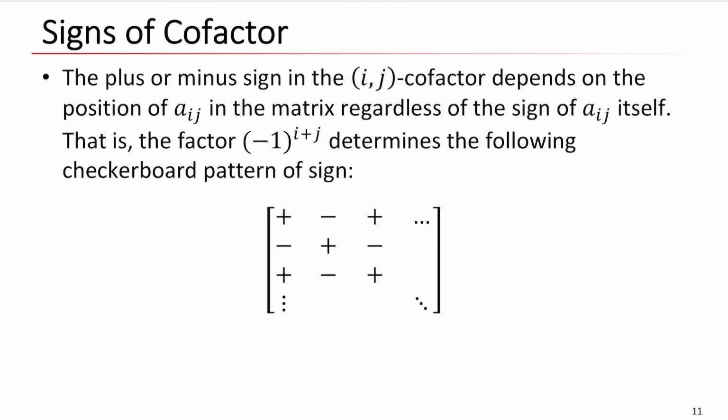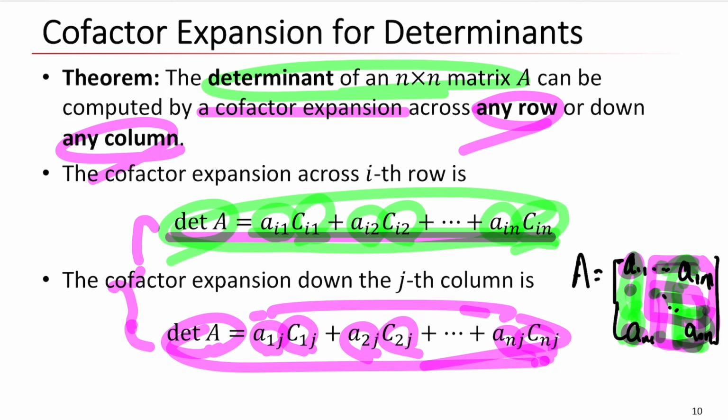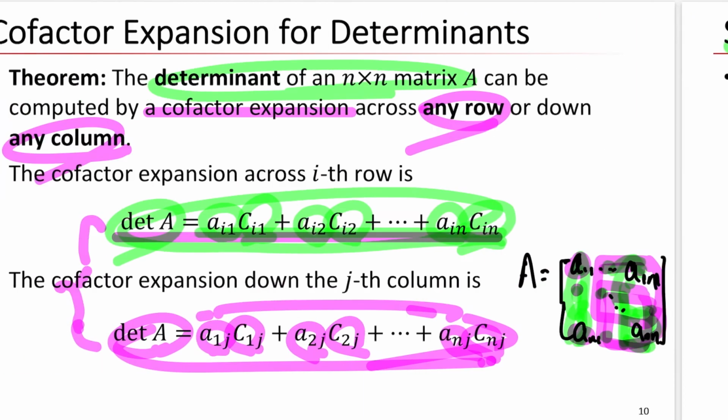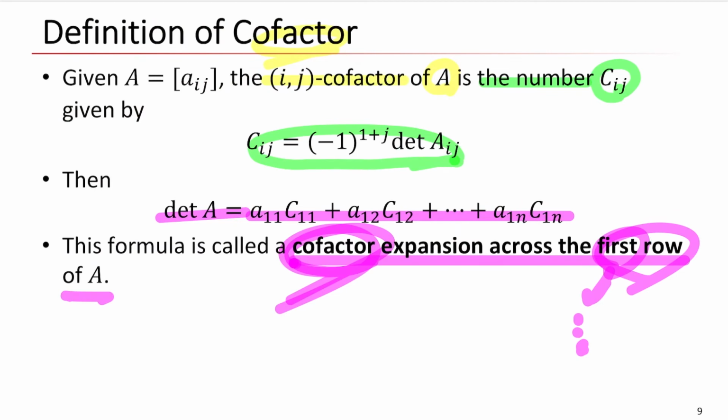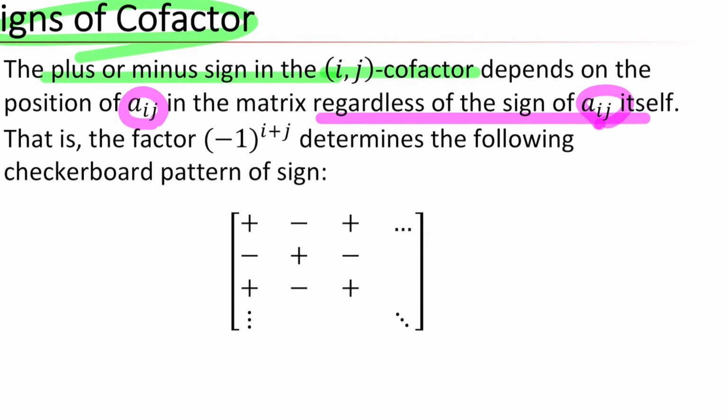Let's think about the sign of the cofactor, because the sign is determined by the (-1) superscript i plus j. The plus or minus sign in the i, j cofactor depends on the position i, j, regardless of the sign of the entry at i, j. What does it mean?